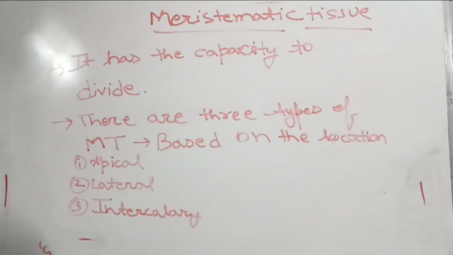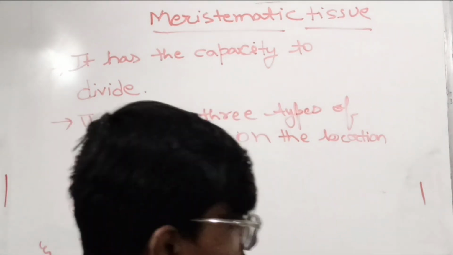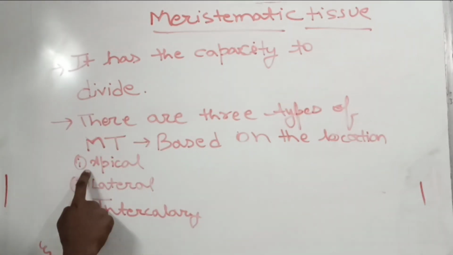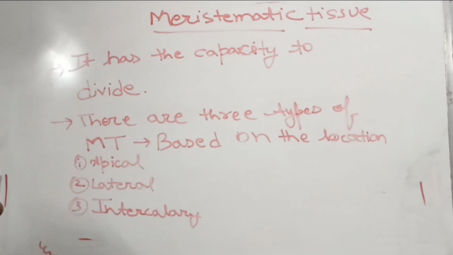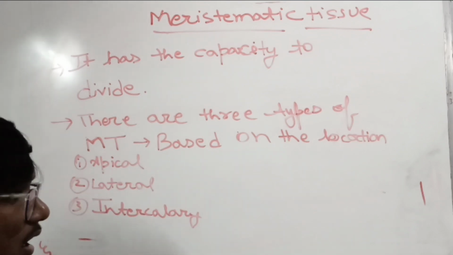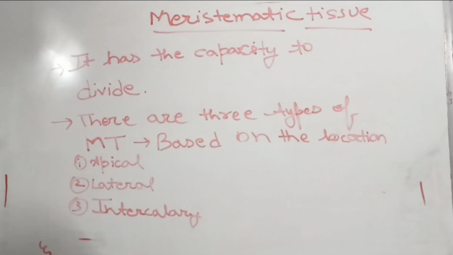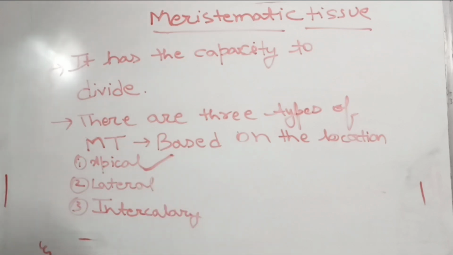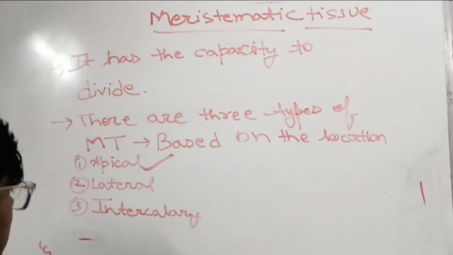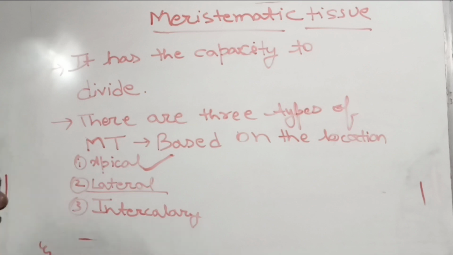You can see the plant has different areas to divide. This apical meristem you will find on the tips of the plant, the growing part. It has the ability to divide. Because of this apical meristem the length of the plant increases. Then second is the lateral meristem.